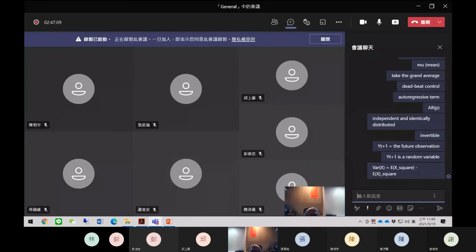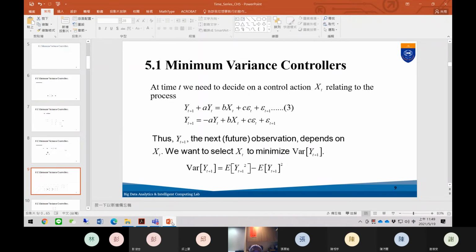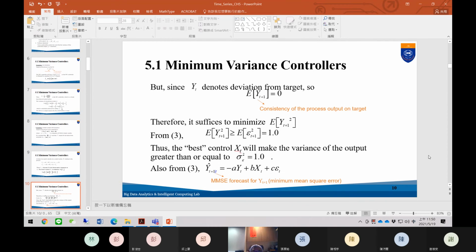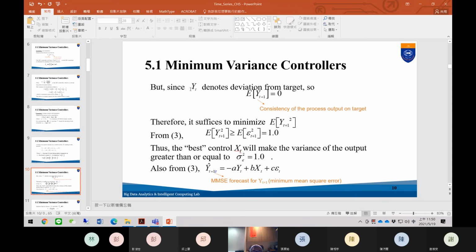Okay, the variance equals the expected value of x squared minus the expected value of x, squared, right? Likewise, in the same manner, the variance of y equals the expected value of y squared minus the square of the expected value of y. So this is a quite basic theorem. Then I need to move forward.